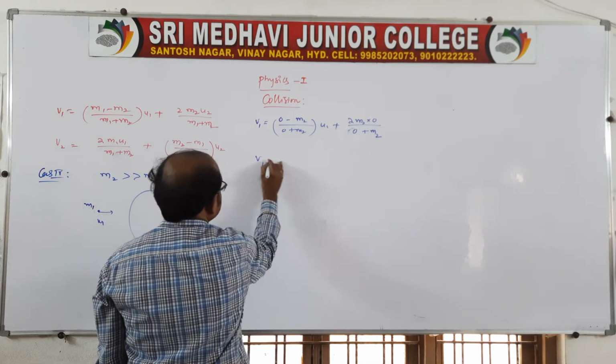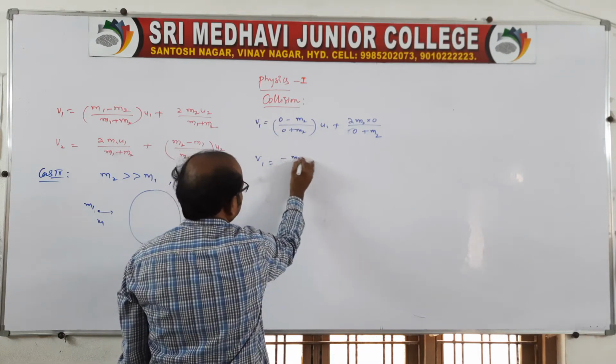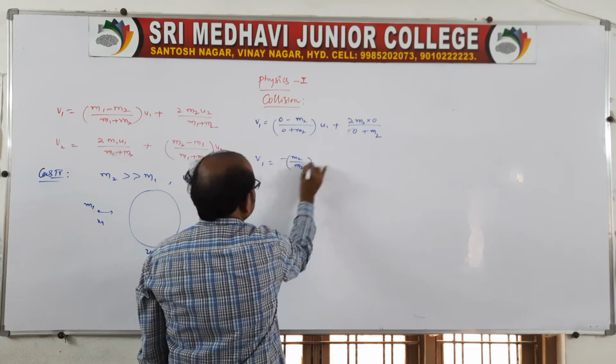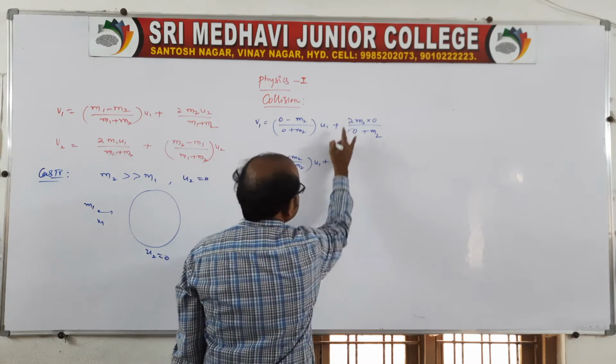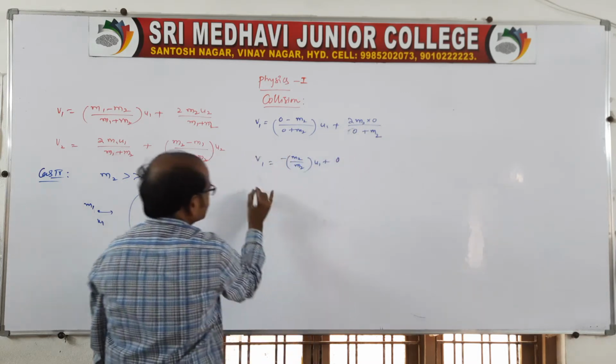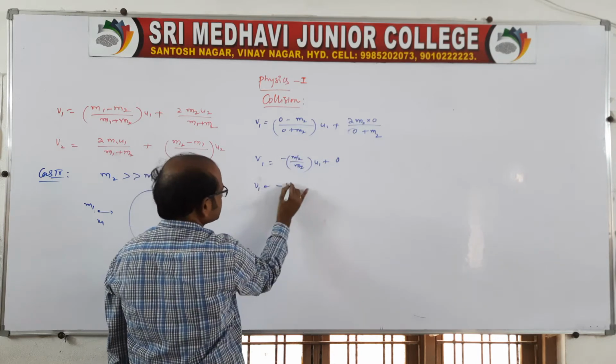So v1 is equal to 0 minus m2 by m2 into u1, plus 0 by something, which will be 0. So v1 is equal to minus u1.